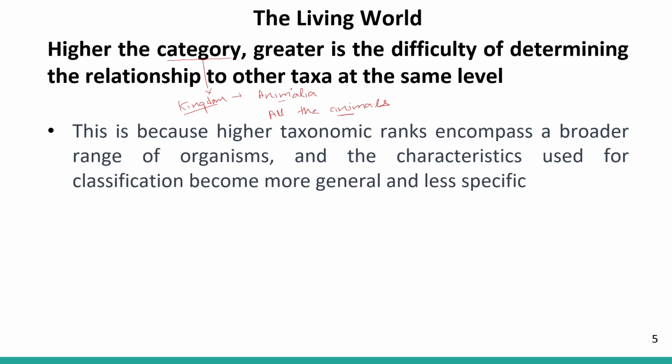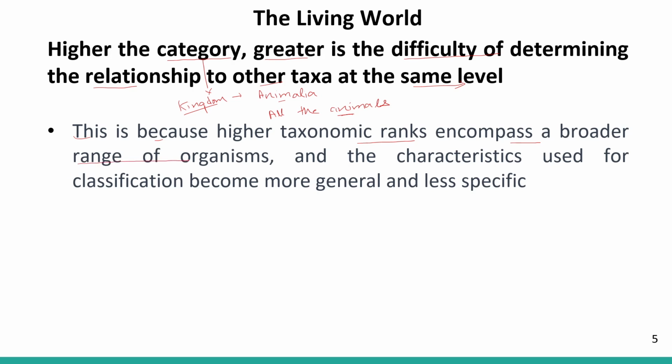As we go higher in the taxon, greater is the difficulty of determining the relationship to other taxa at the same level. What is the reason? Higher taxonomic ranks or categories encompass a broader range of organisms.